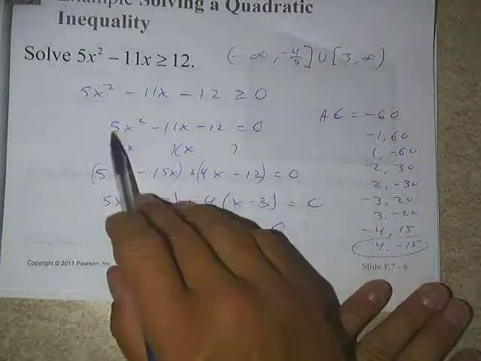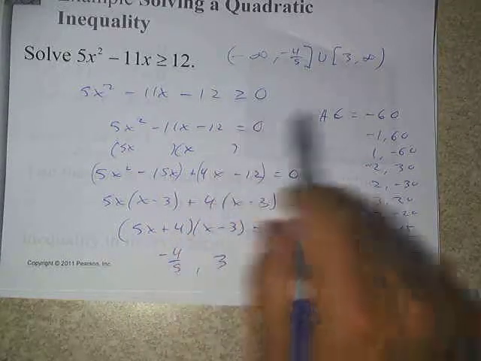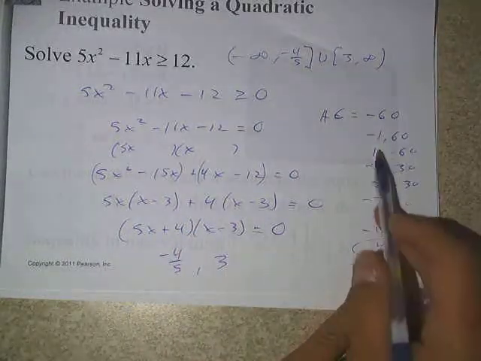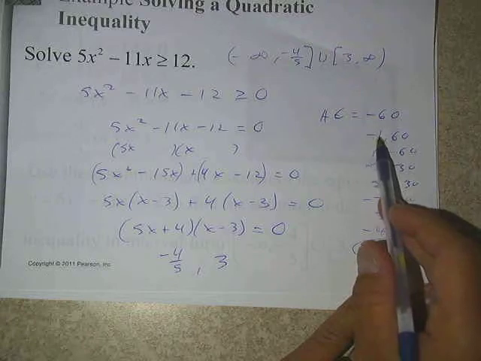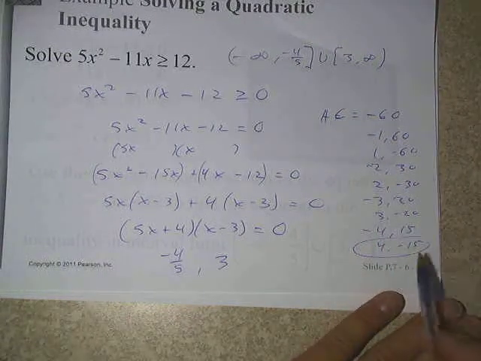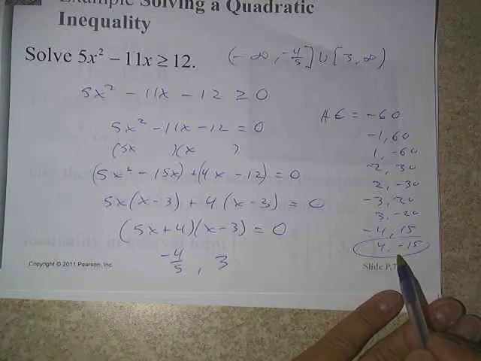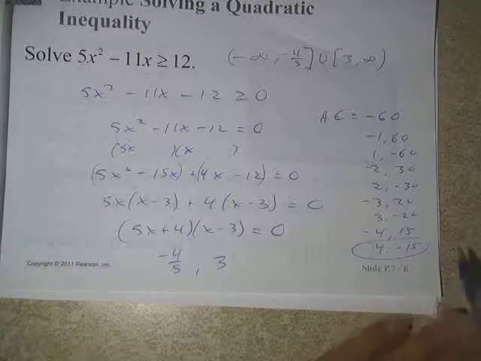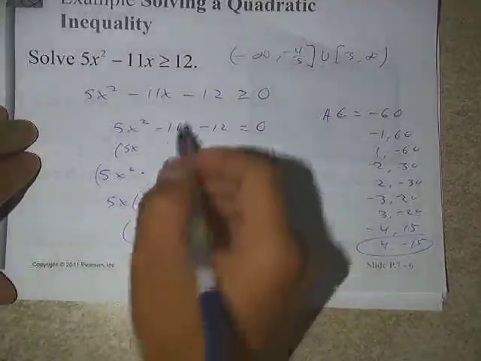Otherwise, the AC method, remember, is to multiply the a times the c, 5 times negative 12, which gives you negative 60. Then write down the factors that will give you negative 60, negative 1 and 60, 1 and negative 60, and so on, until you find the one that adds to give you negative 11, which happens to be this one.